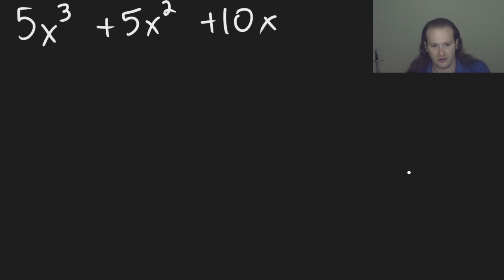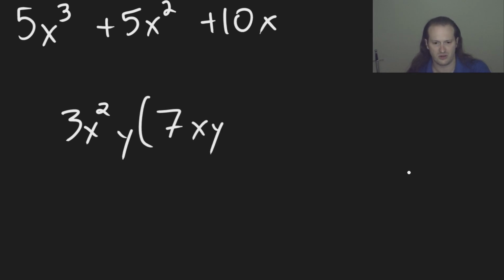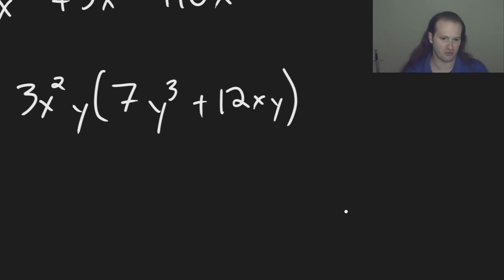3x squared y times 7x cubed y plus, so let's distribute. When we've got a lot of different exponents with multiple different variables and constants, just do it one kind of thing at a time.